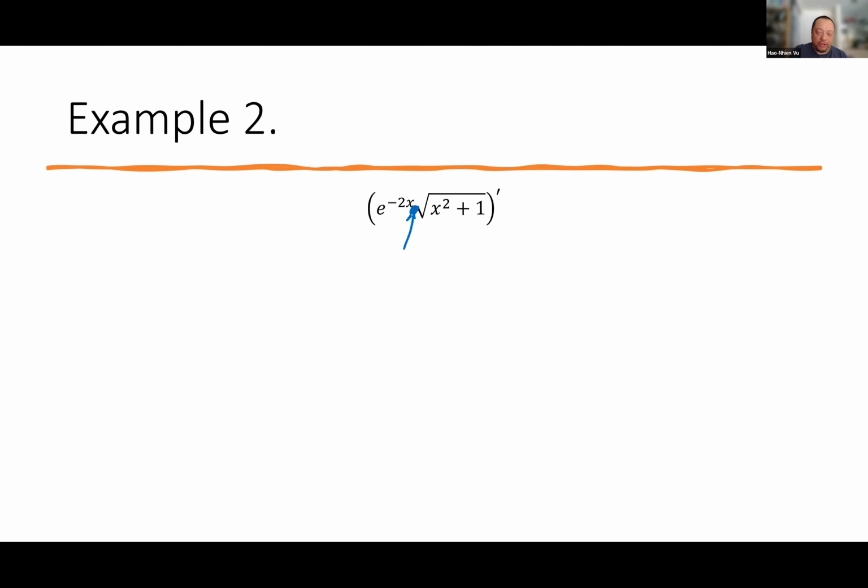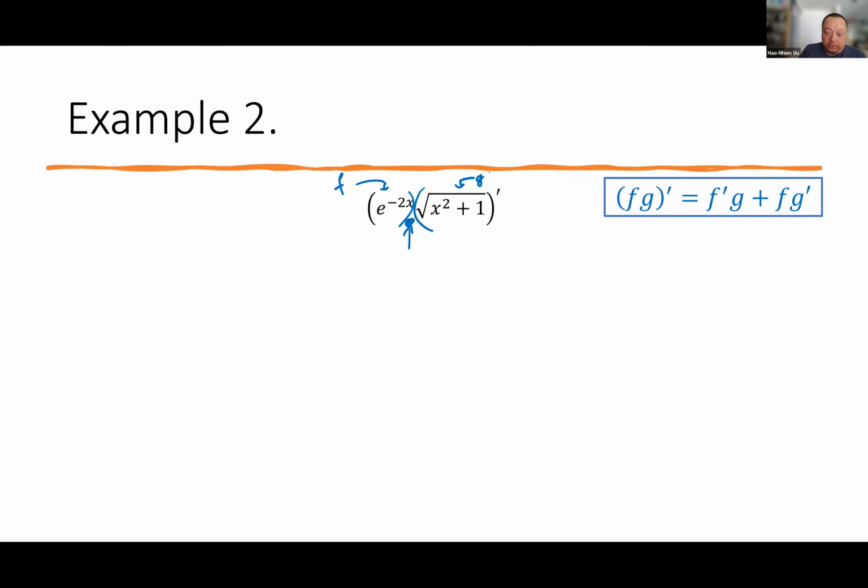There's a multiplication here. There's a multiplication between the exponential and the square root. So it's a product. I need to apply the product rule, where I have the multiplication right here. This is my f, and this is my g.